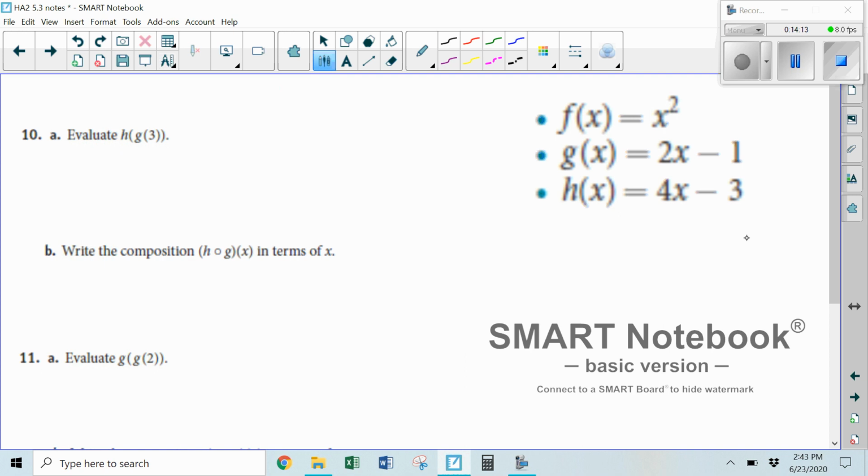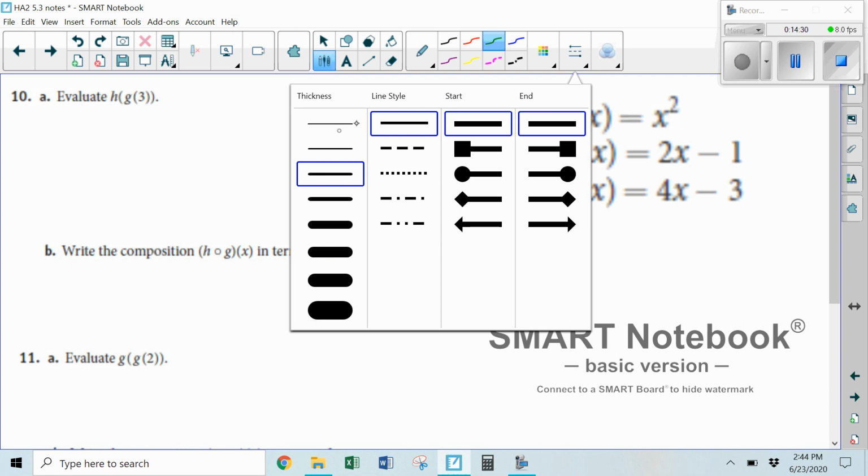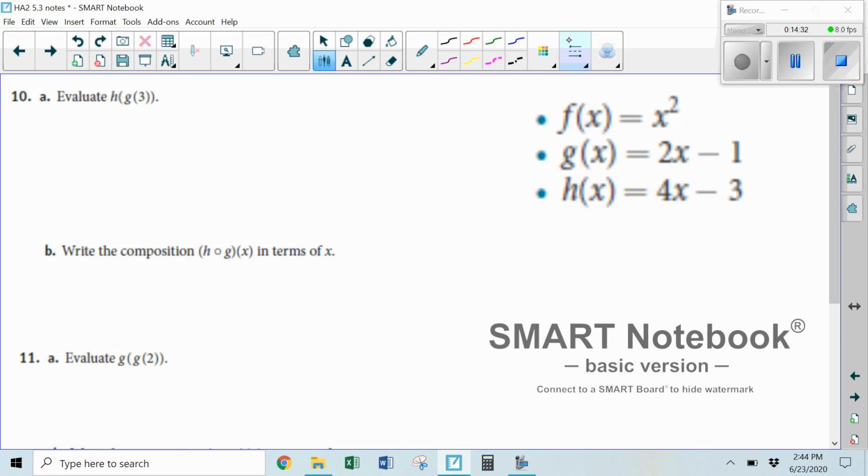It might be helpful to recopy, like I have over here, these 3 from the previous page. So if you want to pause the video and recopy these on page 86, so you can view them as you're working. Let's start with the first one. h of g of 3. So we have a number here to plug in.